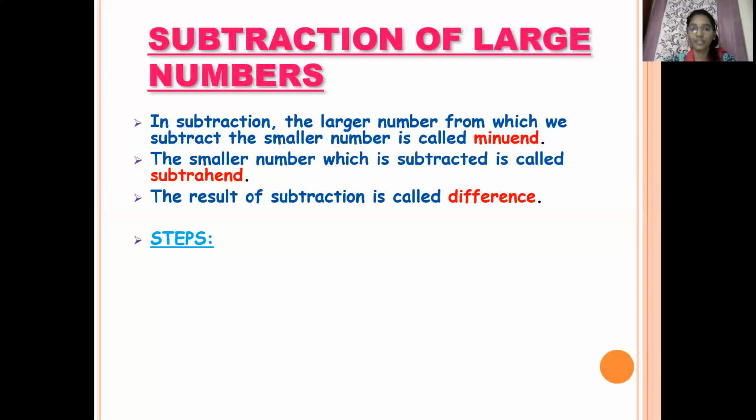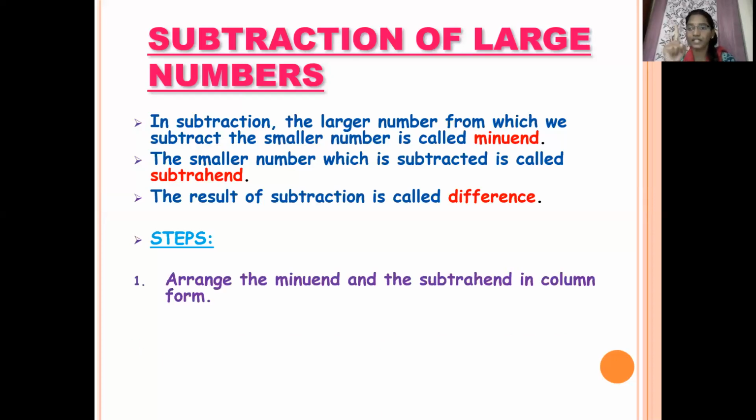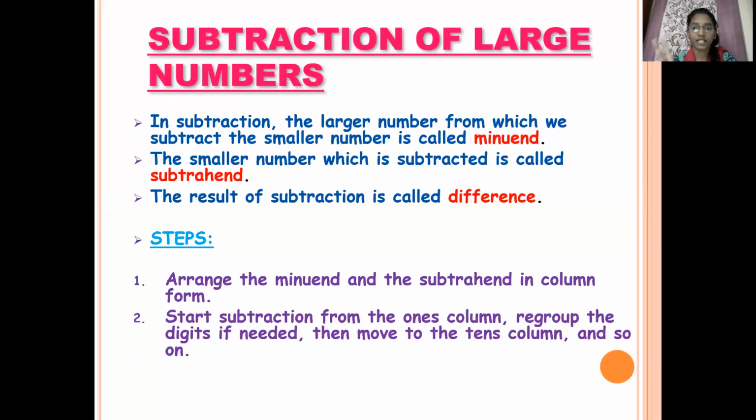The steps we follow in subtraction are quite similar to addition, children. First step, arrange the minuend and the subtrahend in column form. Second step, start subtraction from the ones column, regroup the digits if needed, then move to the tens column and so on.